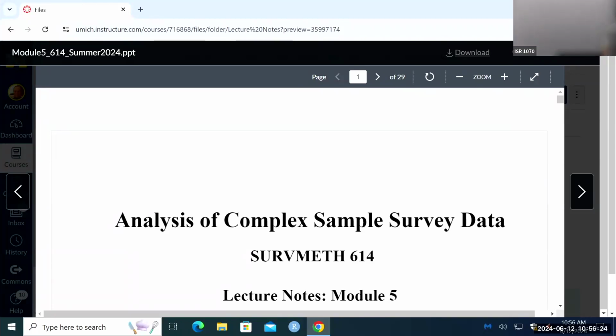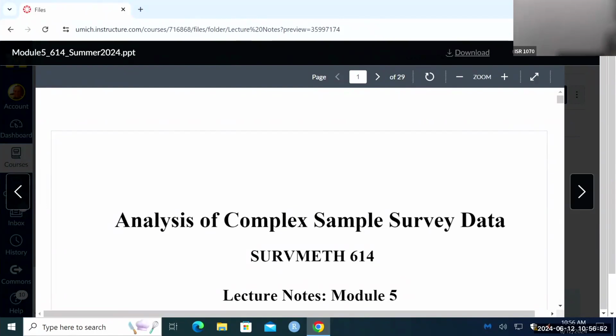What you can do is say svy, comma, vce, parentheses, jack. Now this is going to take a long time with your data set, because you have so many clusters. We need to take the h out.